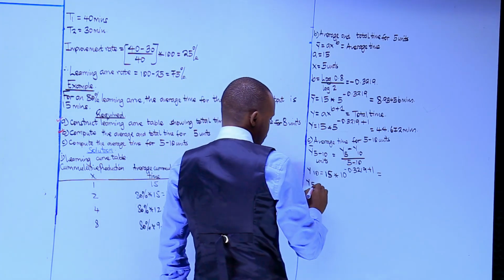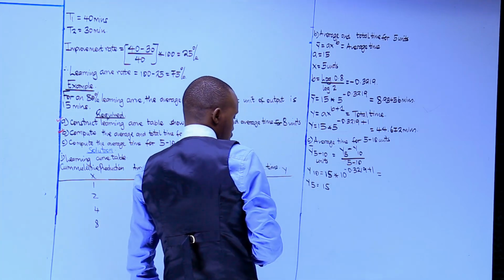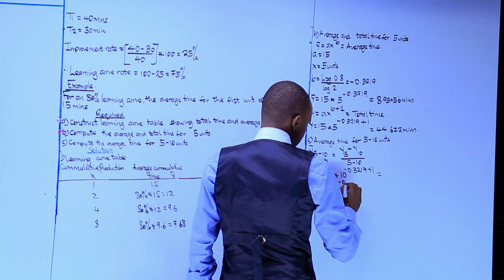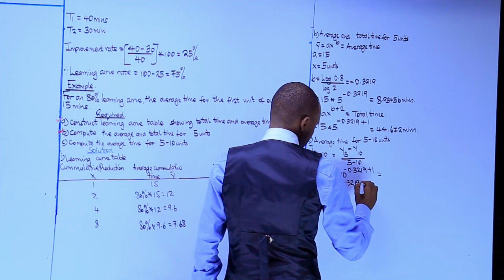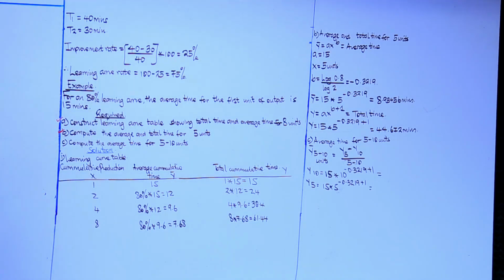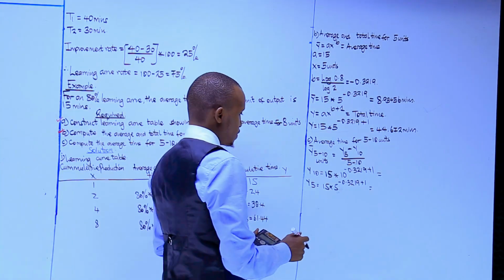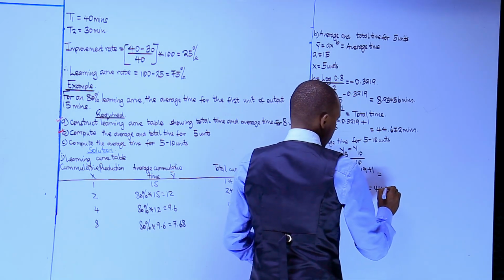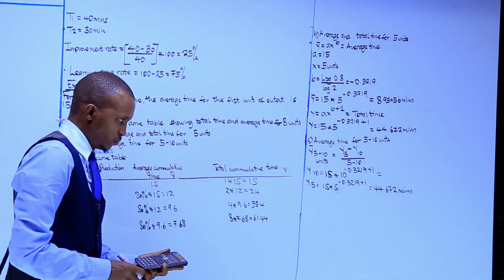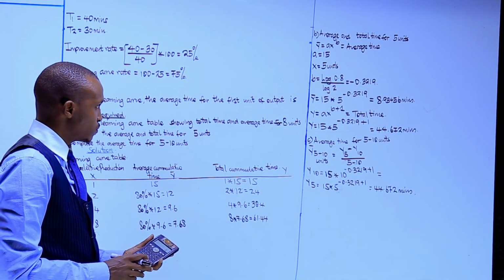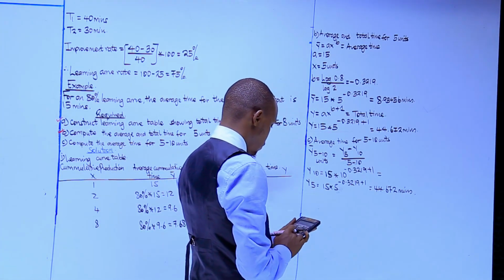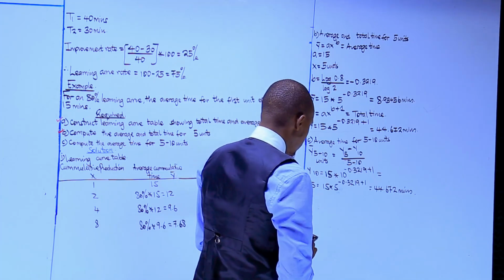Time for the first 5 will be 15 times 5 raised to the power negative 0.32194 plus 1, which is still 44.672 minutes. For the first 10: log 0.8 divided by log 2, plus 1.